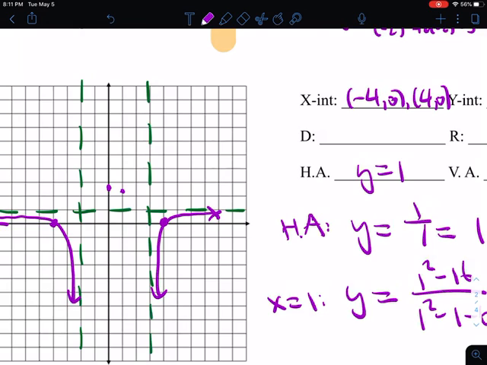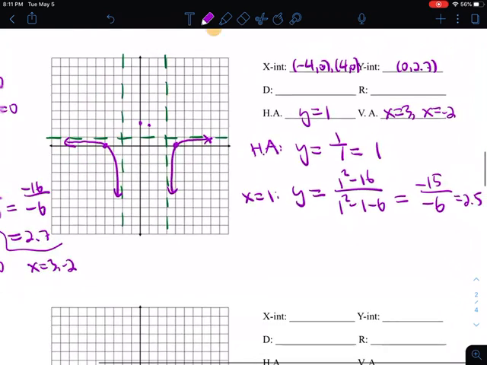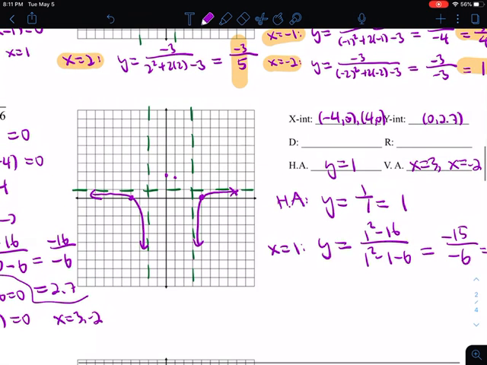So right about there. We can pick more points as well, but I think you get the idea. Here, the graph will look, again, like a parabola, so something like this.